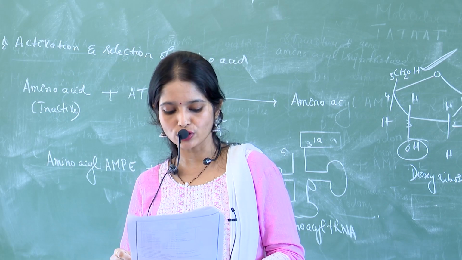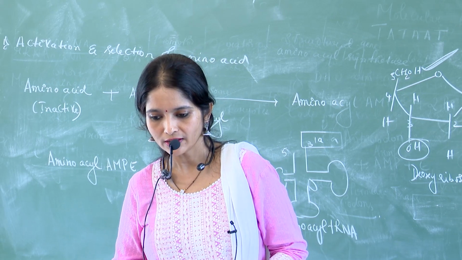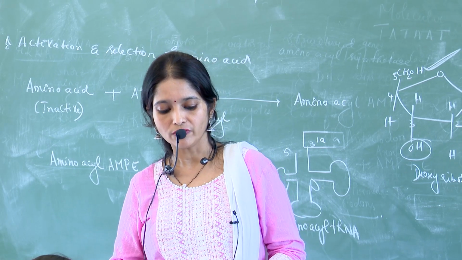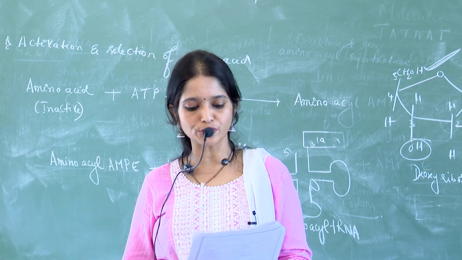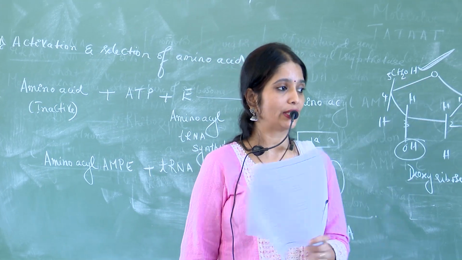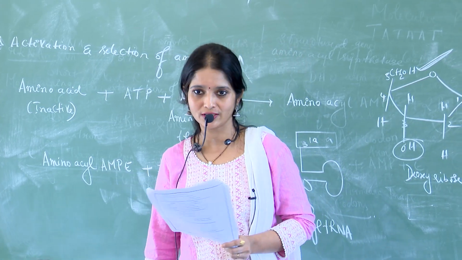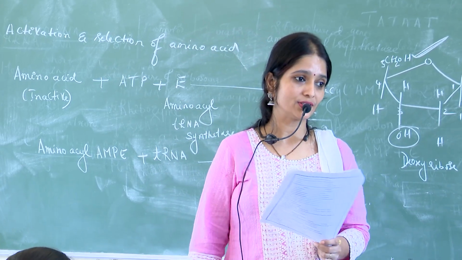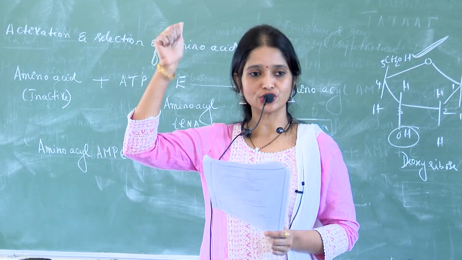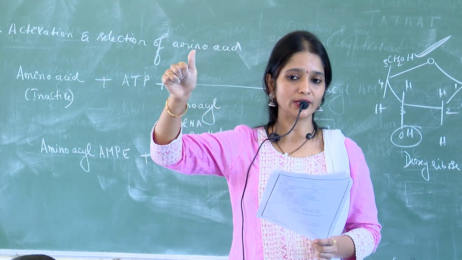Yes. Next, what do you have? Match the following. Which of the following steps of transcription in prokaryotes is catalyzed by RNA polymerase? All of these. Initiation is catalyzed by RNA polymerase.